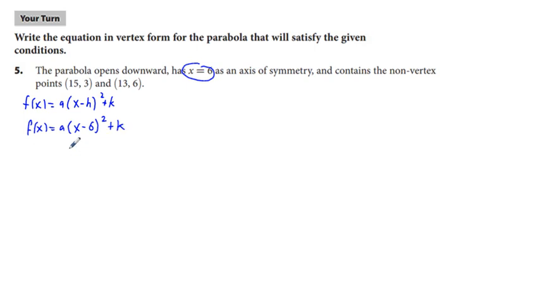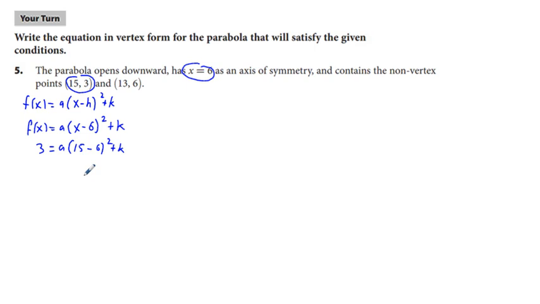Now we can just work downward. We're going to substitute in (15, 3). So we have 3 is equal to a, which we do not know yet, times x, which is 15, minus 6, squared, plus k.